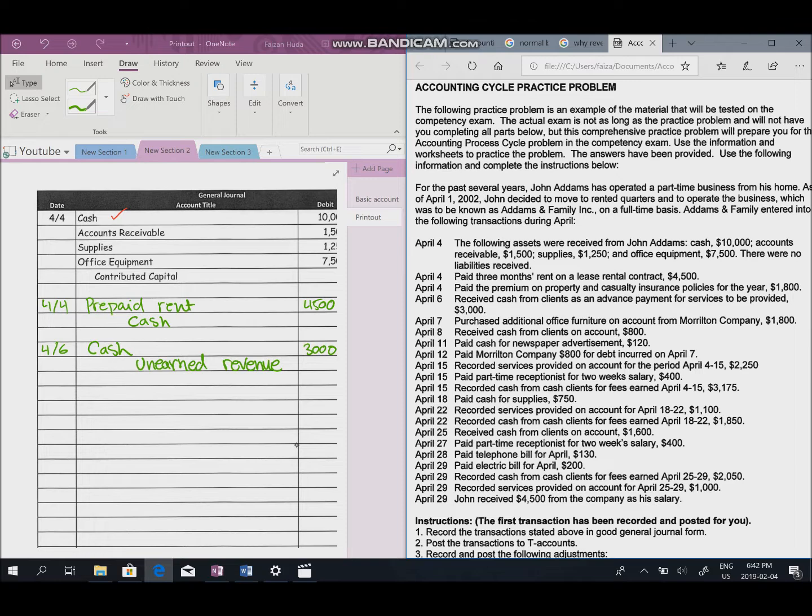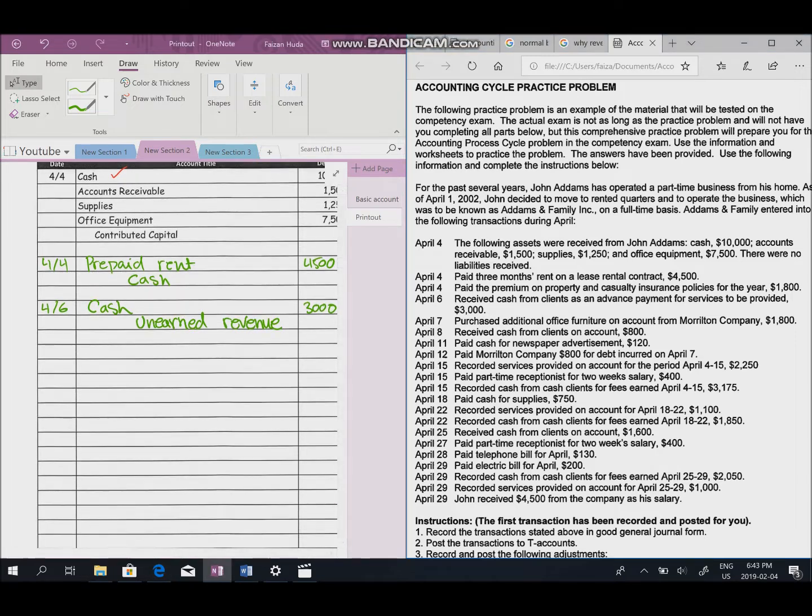You have to pay them because you bought on account. And since you bought the office furniture, your furniture will go up. Furniture is an asset, and to increase an asset, you debit it. So in a journal entry, just remember debits always come first, credits always come after your debit.